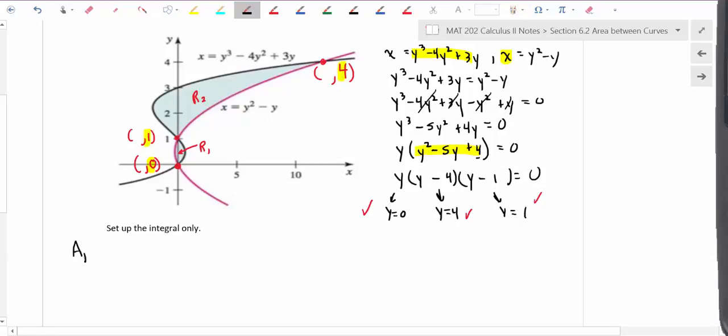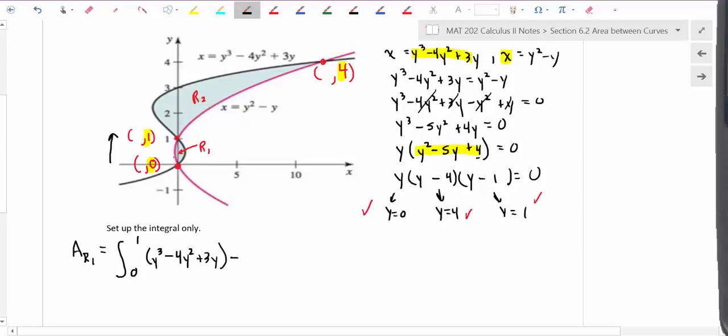So the area of region 1 would be represented by the integral from 0 to 1. So we're going to be integrating from here to here, 0 to 1. The curve on the right is the one that's in black, which is y to the third minus 4y to the second plus 3y.